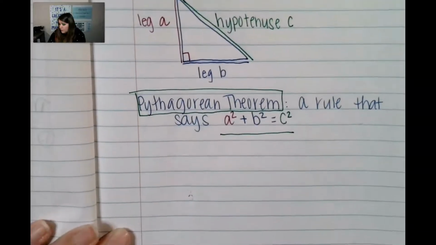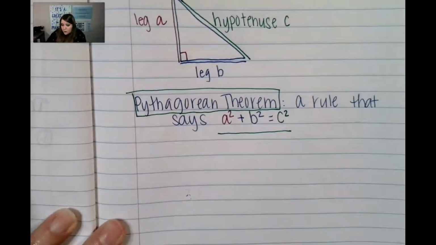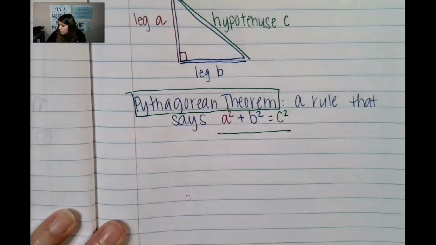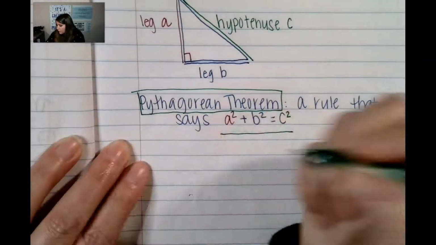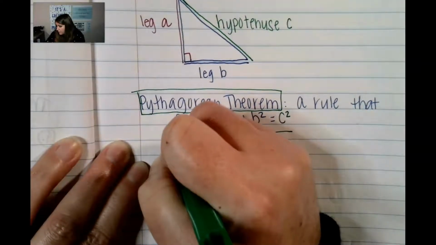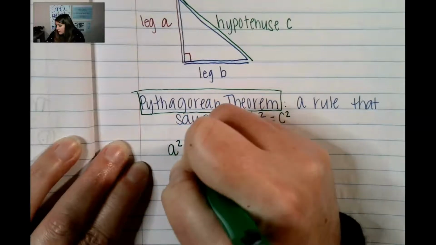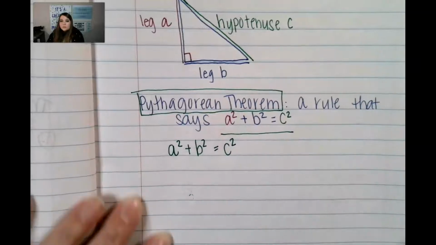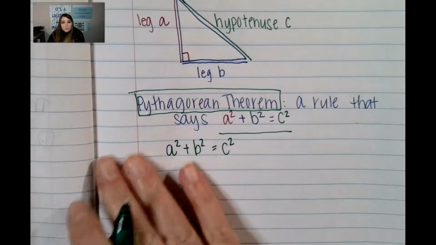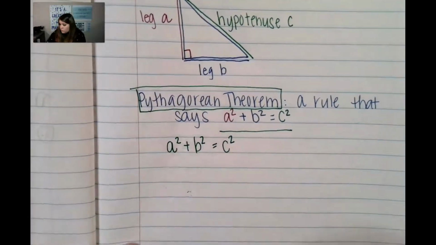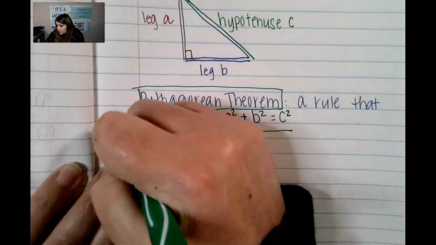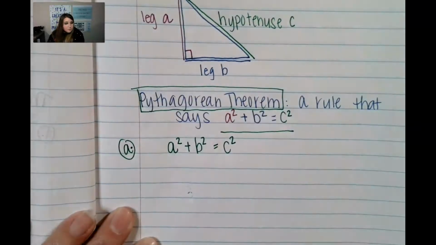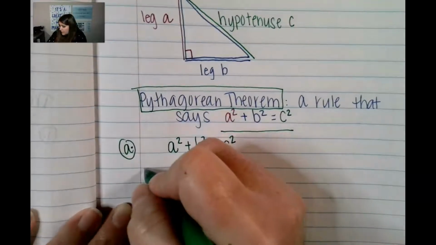So the first thing that we're going to do is we are going to rewrite out the Pythagorean theorem. So the Pythagorean theorem says a squared plus b squared equals c squared. And we're going to use this formula over and over and over again. So example A, we want to find the length of a hypotenuse when your triangle looks like this.